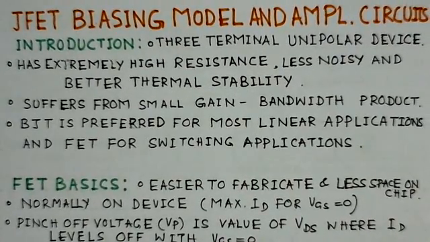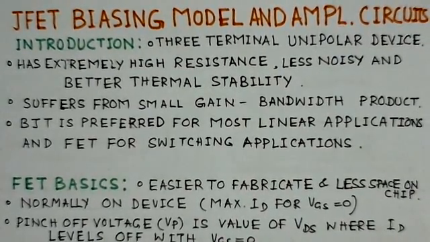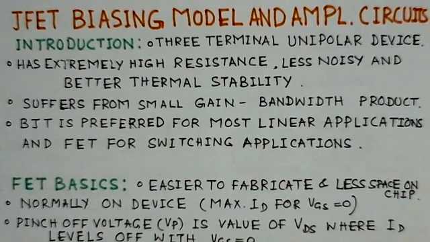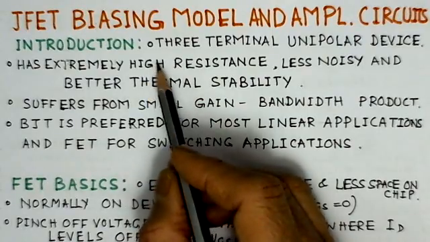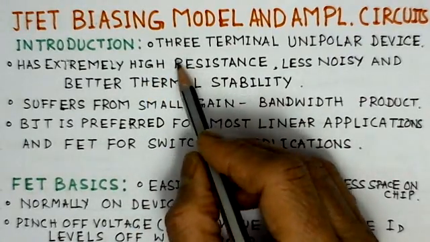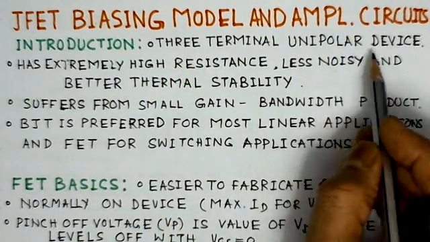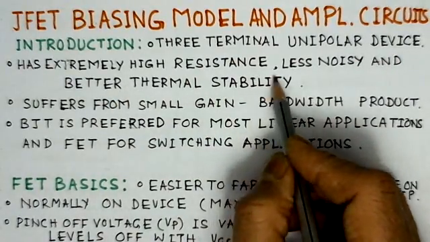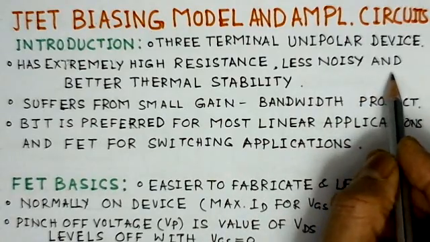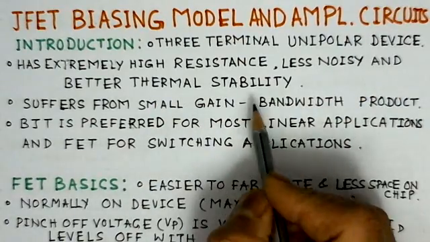Now we start with the junction FET biasing, model, and amplifier circuits. First we'll give a little introduction. Field effect transistor is a three-terminal unipolar device. It has extremely high resistance, it's less noisy, and it has better thermal stability.